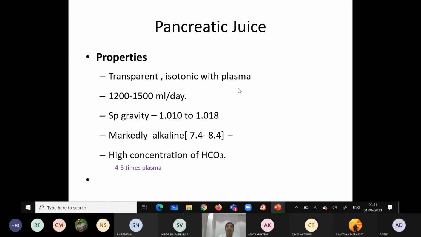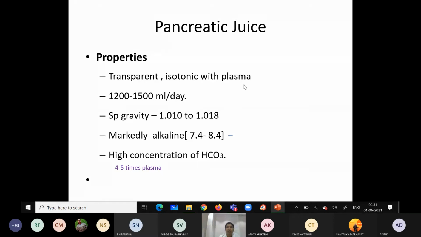That's why, to neutralize the highly acidic chyme that enters from the stomach, the pancreatic juice possesses a very high alkalinity, and this alkalinity is because of the highest concentration of bicarbonate it has. So how much is the concentration?